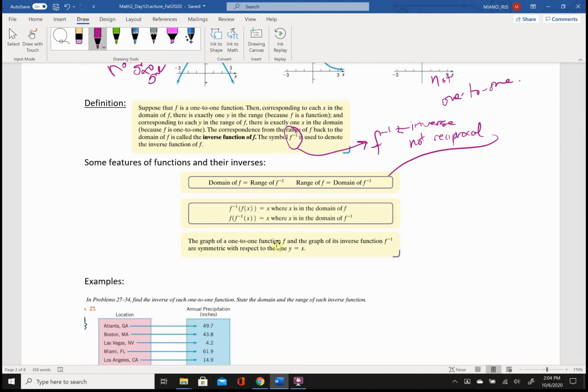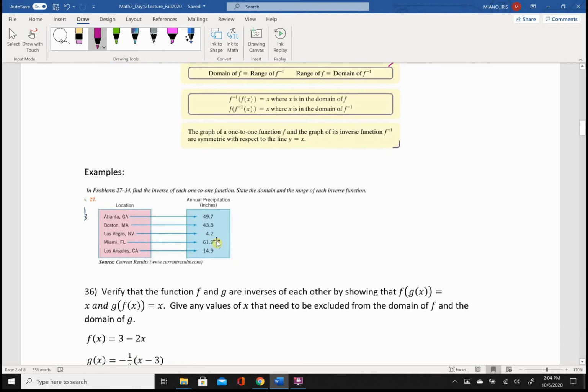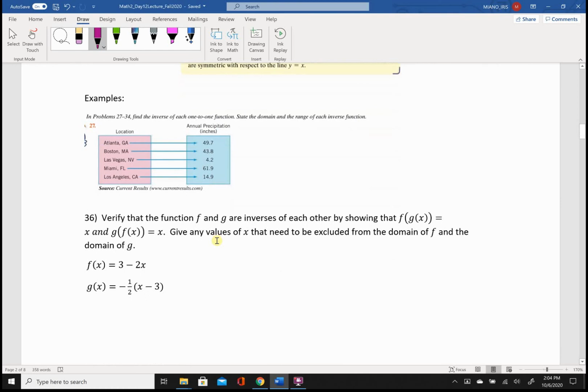Okay, cool. So if we're talking examples here, which of course we should, let's find the inverse of the 1-to-1 function for number 27 here, okay? So we'll state the domain and range of the inverse function. So the inverse will be switching the two, basically.